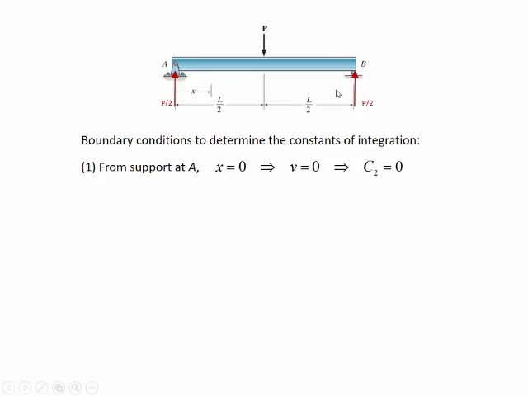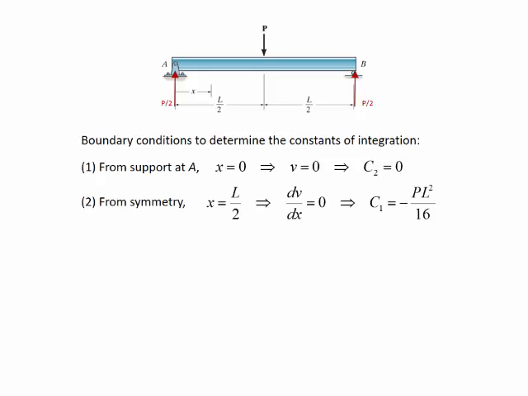It's symmetric with respect to the boundary conditions, symmetric with respect to the loading applied at the middle. So we know that the beam is going to deflect something like that with a maximum value at midspan, which means that if the deflection is maximum at midspan, its tangent is going to be 0, dV over dx is going to be 0, which is nothing else than the slope is going to be 0.